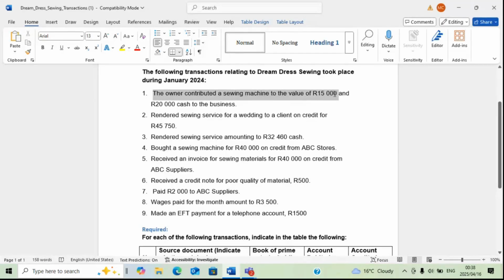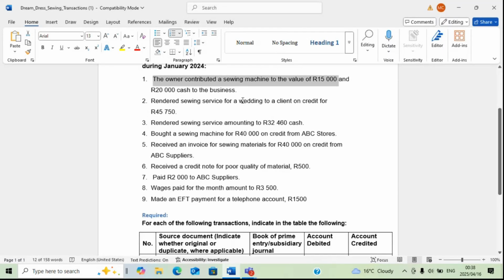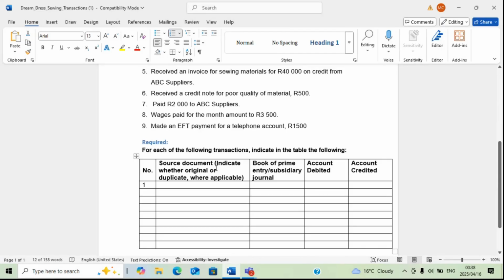So I'm going to record this transaction first, the one that I highlighted right there. The source document for it is going to be a general voucher, where I'm recording the transaction in which the owner is contributing the machine.